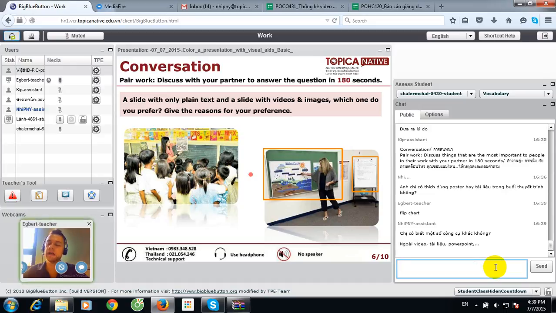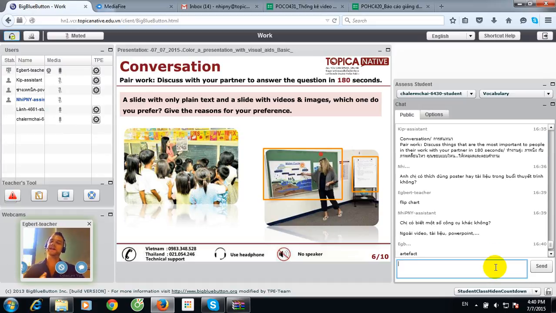A pen, that you can write things down. Maybe Chalam Chai, do you know any other visual aids? I don't know. I think PowerPoint is perfect for presentation. With just one PowerPoint, you can do anything. Yeah, I agree. Except we cannot use artifacts. Do you know artifacts? So, objects.